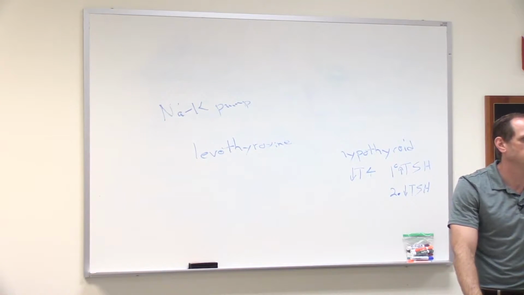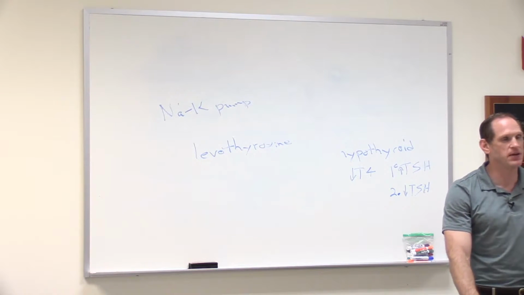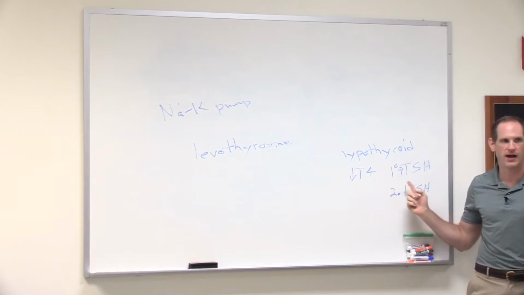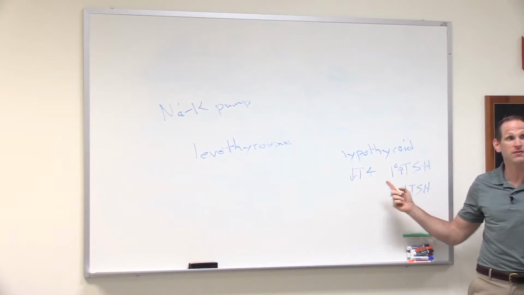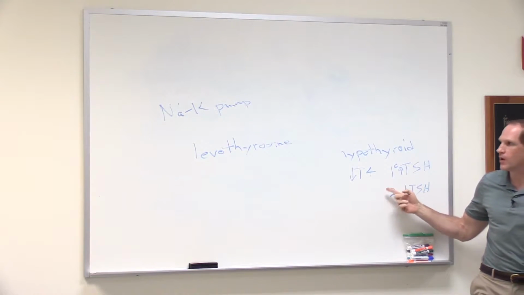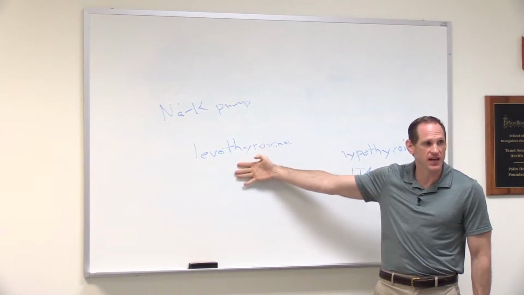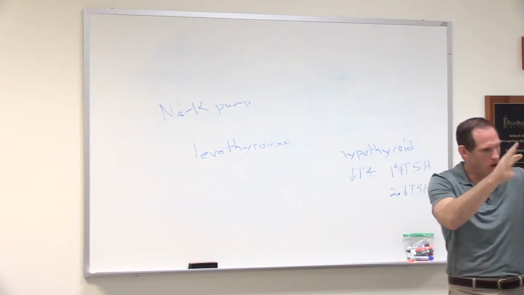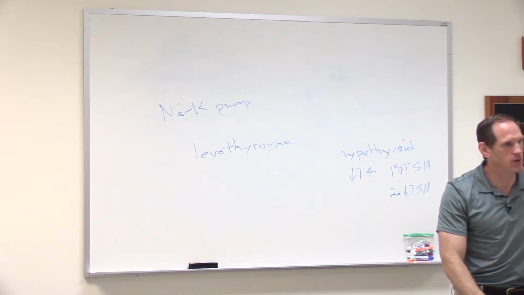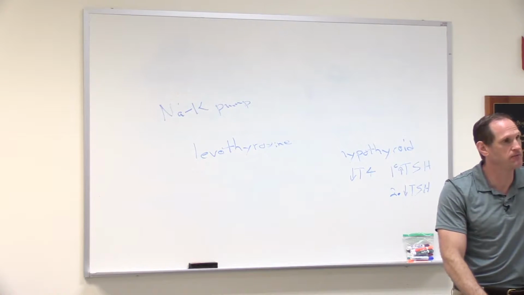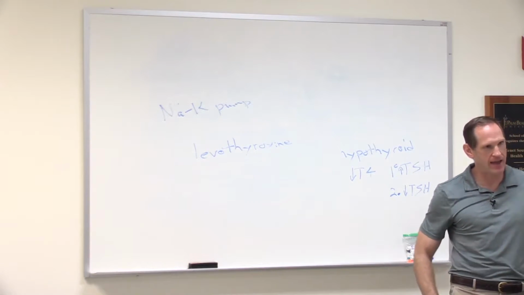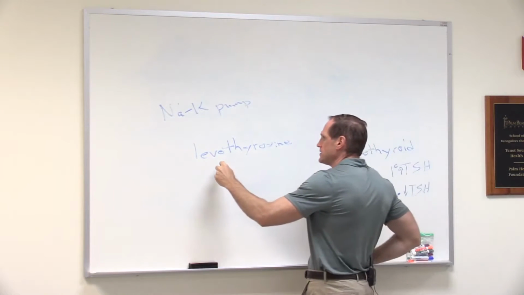We don't treat numbers, we treat patients. So just because a person's numbers normalize doesn't necessarily mean we've adequately treated them. We also need to look at signs and symptoms. And there's a small group of patients that even when their numbers normalize, they still don't feel right. And in that case, you can also add in T3.